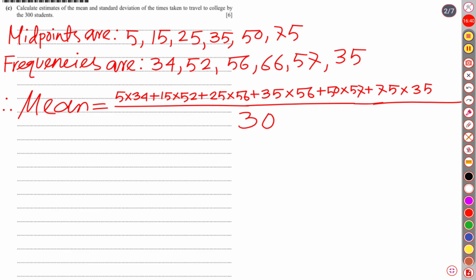Using our calculator, we find 5 into 34 plus 15 into 52 plus 25 into 56 plus 35 into 66. Sorry, 35 into 66, not 56, it is 66.